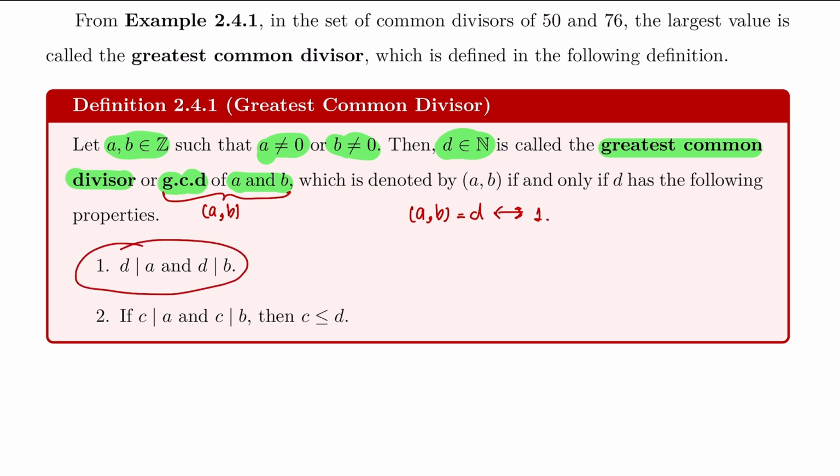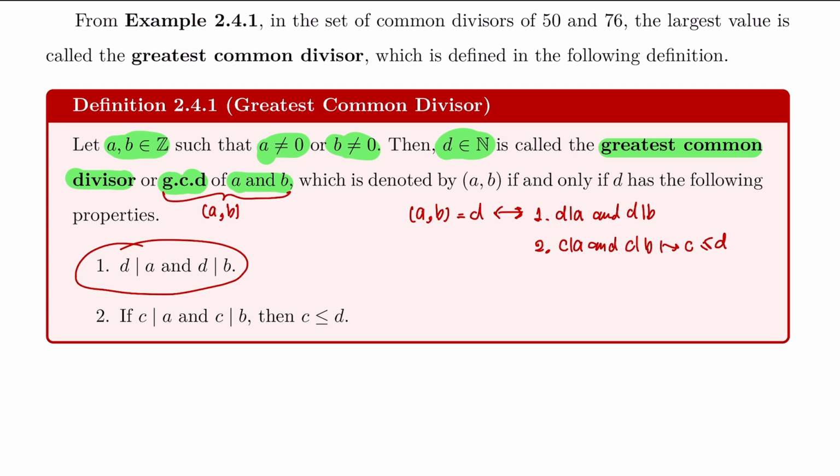The first one is d must divide a and d must divide b. Number 2, if you have another common divisor of a and b, let's say c, if c divides a and c divides b, then c must be less than or equal to d.